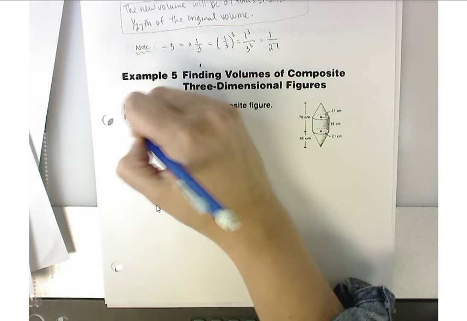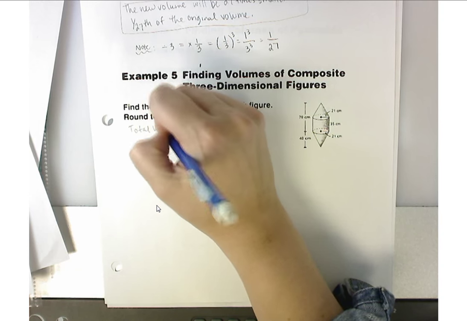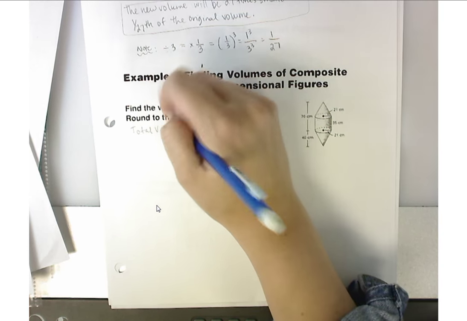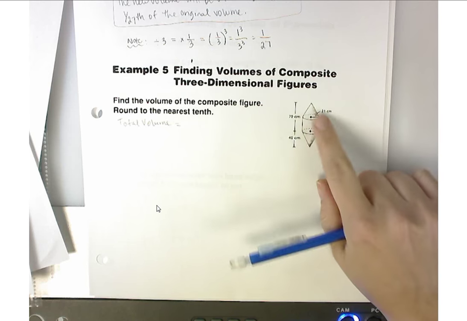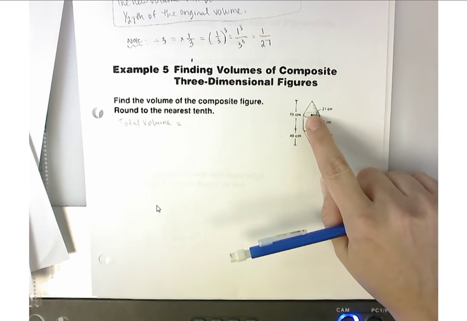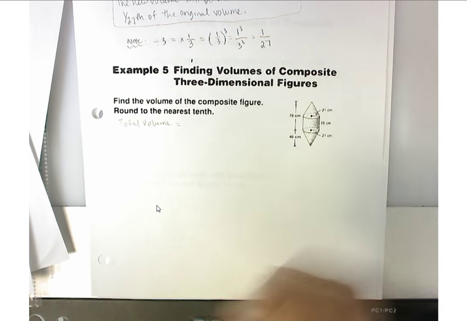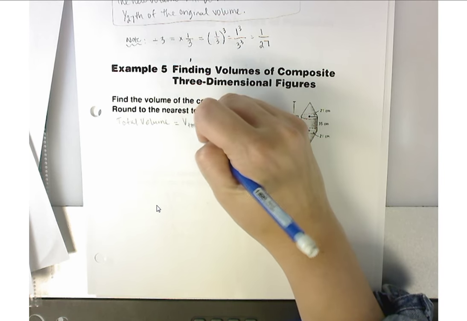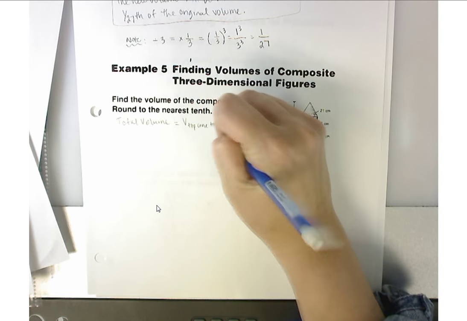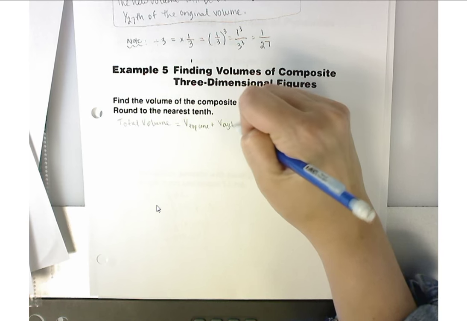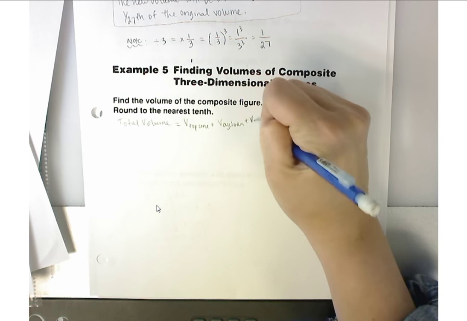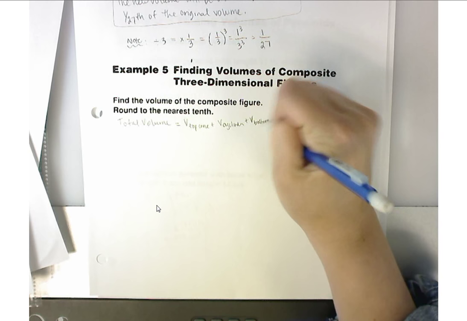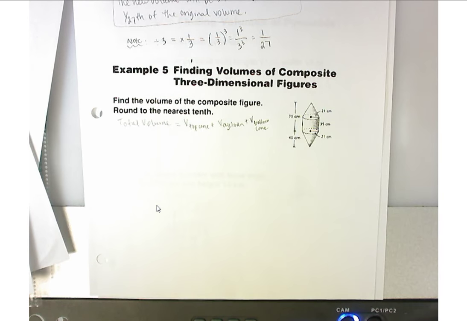So the total volume includes everything that's inside. It's what you would fill up the cone with. So when you're finding the volume, it's going to be the volume of the top cone plus the volume of the cylinder plus the volume of the bottom cone. Okay, so all of those together.